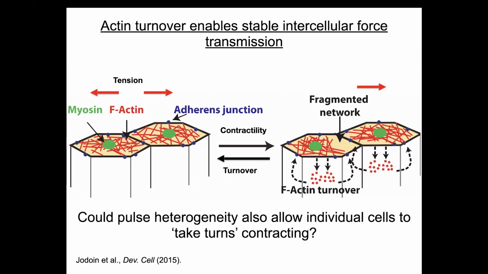Whereas if you have a dynamic process, maybe this cell no longer has an opposing force. It's able to squinch in its area, and then a neighbor will be able to grab on all sides and then squinch in their area. So you get cells taking turns. This is something we haven't yet been able to prove, but it's an attractive model, I think, for why you also require the dynamics in this system.